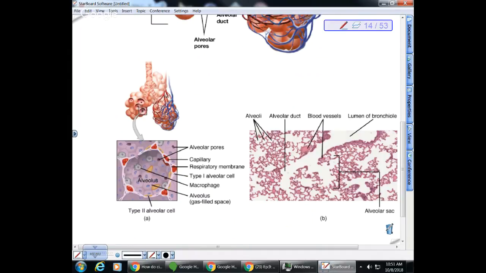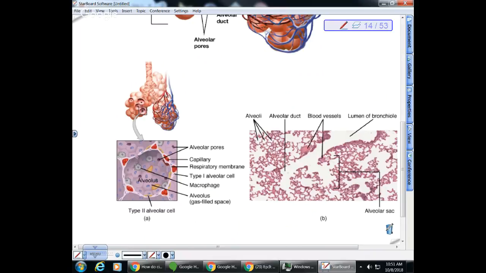You'll also notice that when you look at the tissue, like a cross section through one of those alveoli, you can see that the membrane is thin and that there is a large surface area.